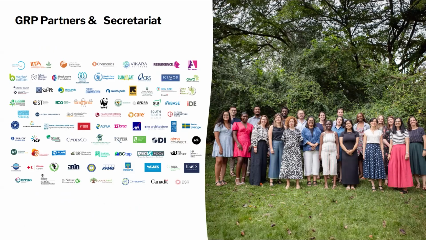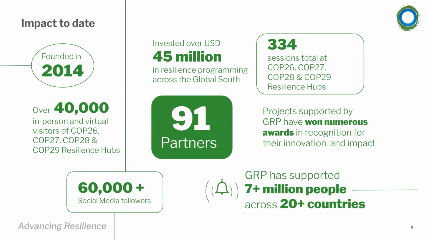Thanks, Gerald. Just a few numbers. Set up in 2014. We've invested quite a bit over $45 million now, over the 50 mark, in resilience initiatives around the world. We started off mainly in the Horn of Africa, so basically East Africa and West Africa with a generous kind of definition, and Southeast Asia. We've expanded that since, so we are now working across Africa, Asia, Latin America, and the Caribbean and the Pacific.